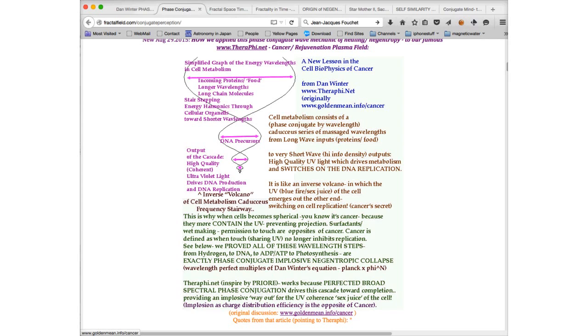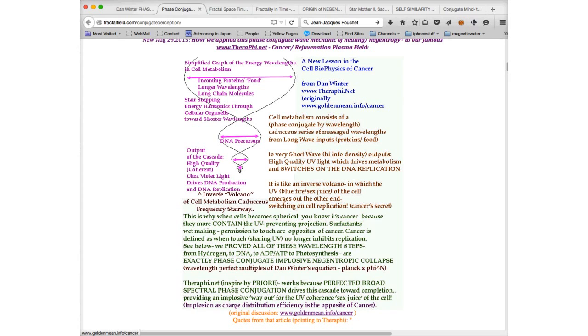So as the cell produces that high quality blue UV light, if the cell is a sphere and therefore cancer, it means it doesn't respond to touch, which is how you define cancer, contact inhibition. It means the UV is not getting properly propagated in permission to touch across a softened membrane. The membrane gets too hard and too spherical, no way out for the UV, and that's called cancer because the UV coherence drives meiosis, mitosis.